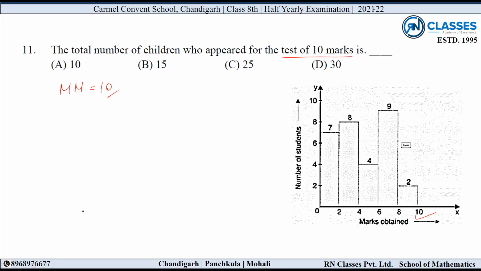Maximum marks is 10 means the total number of children who appeared for the test is the total number of students: 7 plus 8 plus 4 plus 9 plus 2. We have to add, that's it. That comes out to be 30. D part is the right answer.